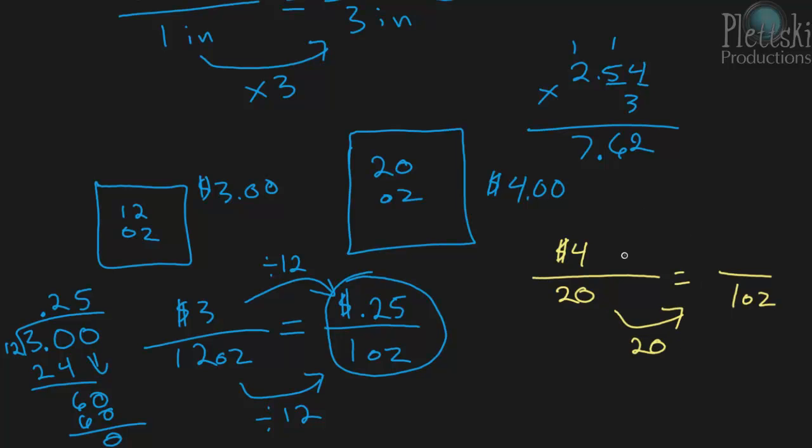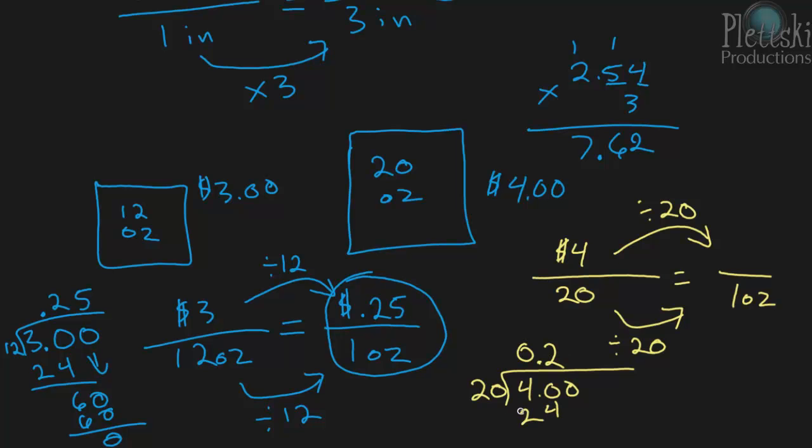So you have to do the same thing in the numerator, divide $4 by 20. So how many times does 20 go into $4? Well, 20 doesn't go into 4. It does go into 40 twice. So 2 times 20 is 40.